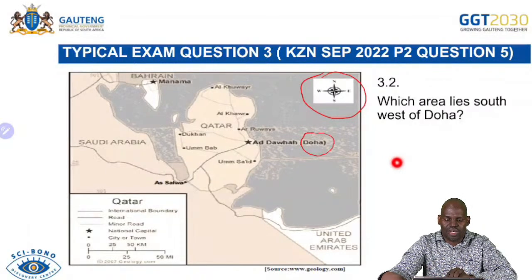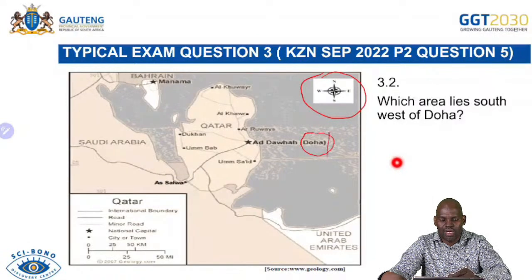Now, if Doha is here, and we know we've got north, east, south and west, it's going to be much better if you draw it here. North, south, east, west. Then we want to know somewhere here.